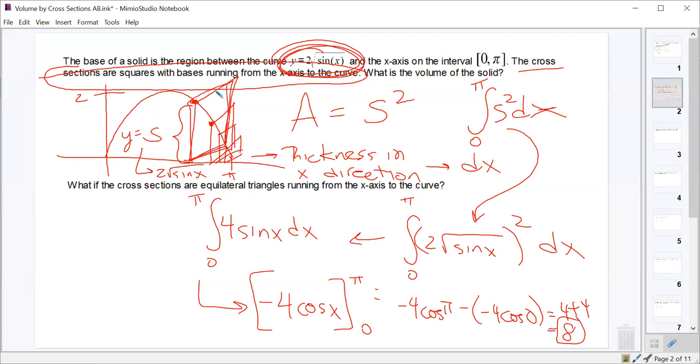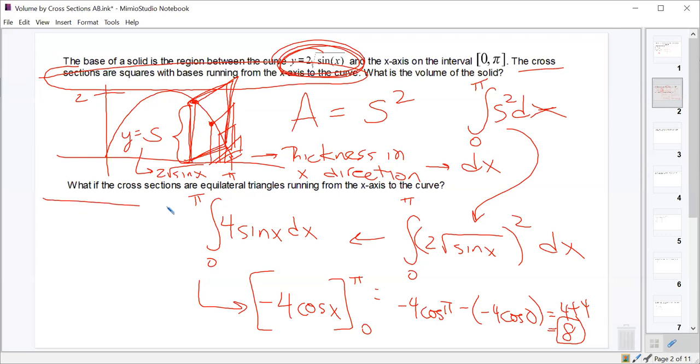And we've got these squares here that are the cross sections. And so the area of that square is the side length squared. Okay, thank you. Does that make sense? Yeah. Cool. Anybody else at home questions? Everybody here is good? Okay.